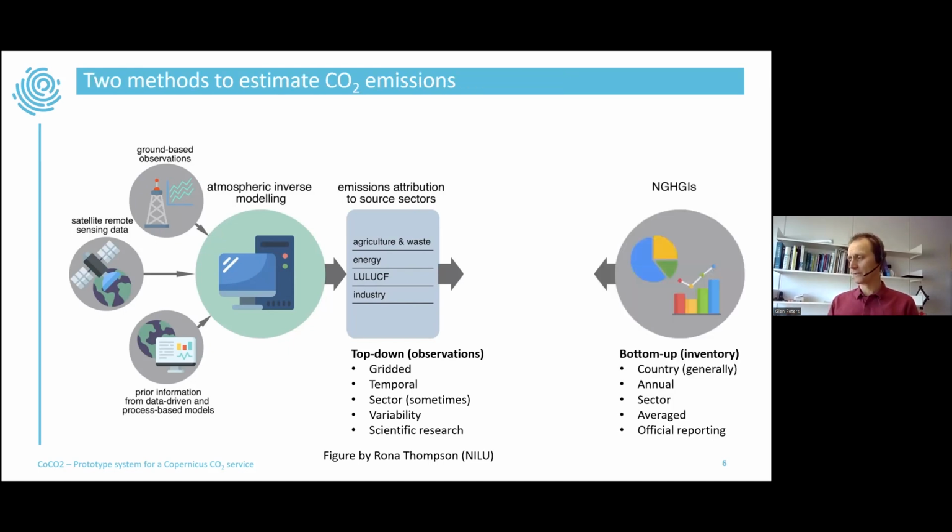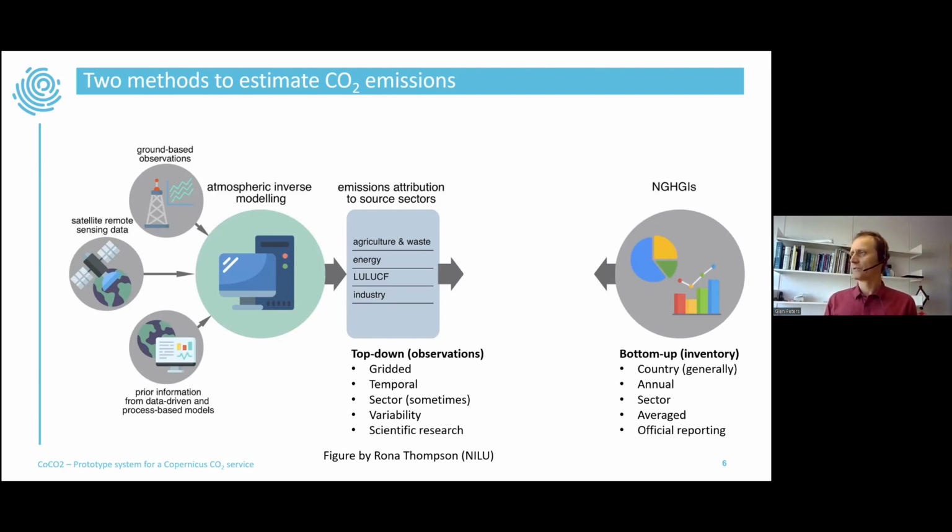The alternative approach, the bottom-up approach, which official emission inventories use, the inventory approach, is generally at country level, could also be city level and so on, generally over a 1-year time period, so annualized data. Sector level is very important. If you ever talk to inventory people, they're always talking about sectors, because that's essentially the way the inventories are compiled.